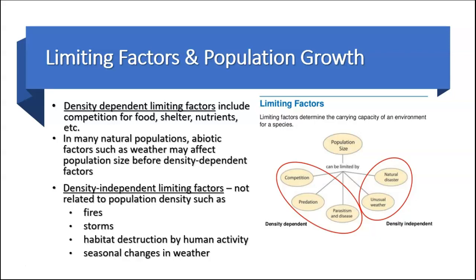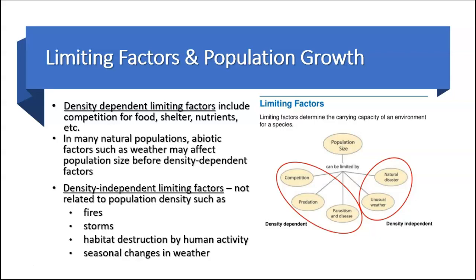The density-dependent ones are dependent on the density of the population. The more dense the population, the more limited it can be. So you've got things like competition for food or shelter, nutrients. There also can be some abiotic things like weather that can affect population size because of the density of the population. It just depends on what that particular situation is.